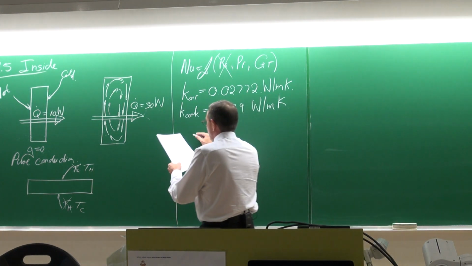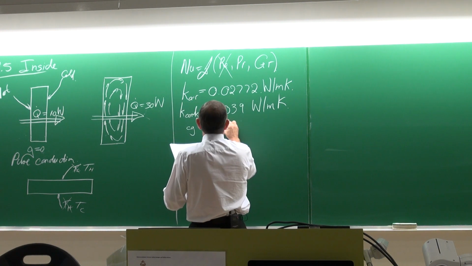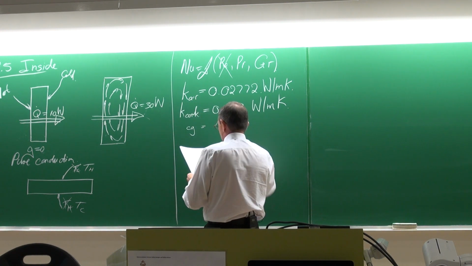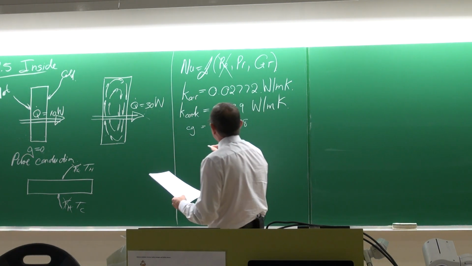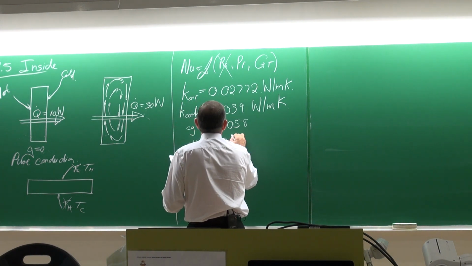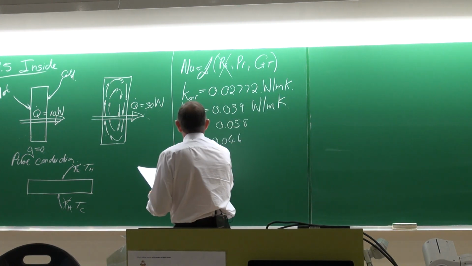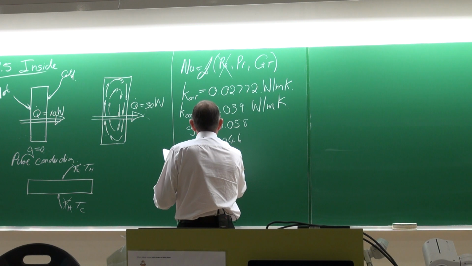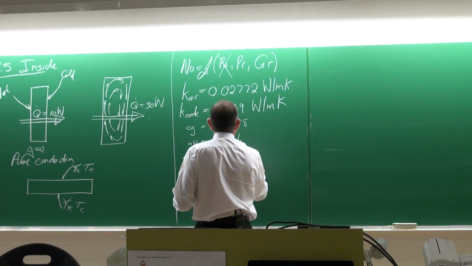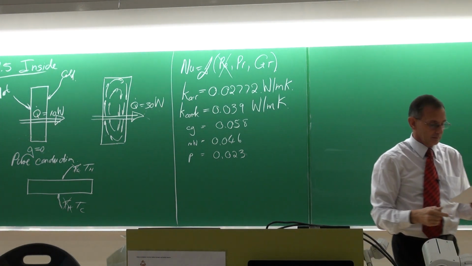If you now go and look at things like cellular glass, then the value would be equal to 0.058. If you would go to mineral wool, then it would be 0.046. Polystyrene, value would be 0.023. 0.023, it's still higher than that of air.